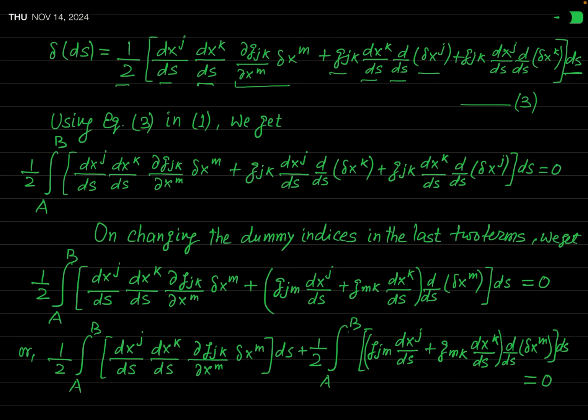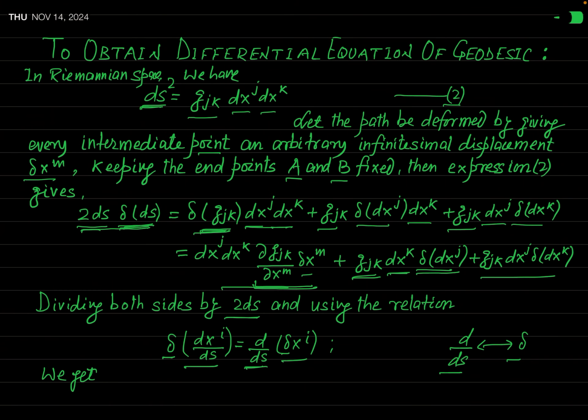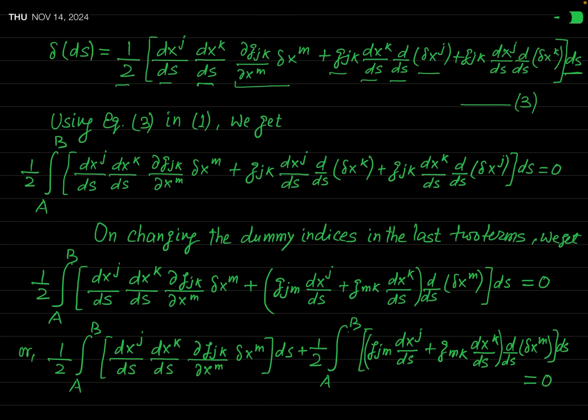And in the similar manner, you can see this third term will be written as gjk times dxj by ds, and instead of this, utilizing this formula, we can write d/ds delta xk times ds. Okay. So in this way we have obtained the value of delta operated on ds.